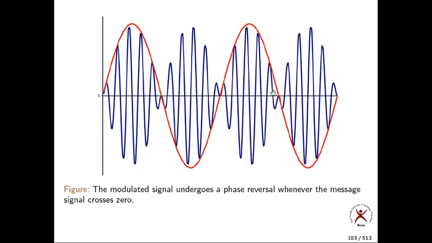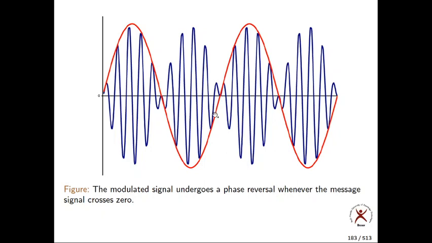Whenever the message crosses this 0 axis, there is a phase reversal. Here also there is a phase reversal.